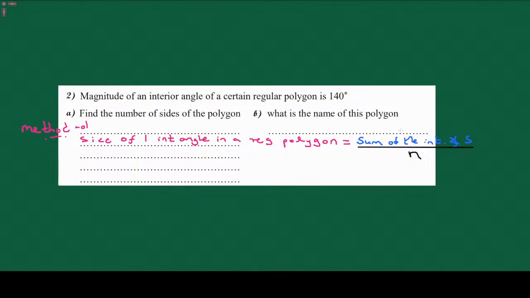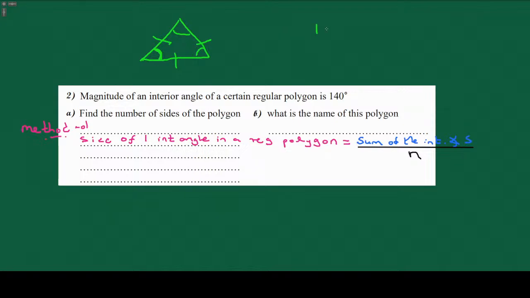Now for an example, when it comes to a triangle, an equilateral triangle is a special name we give to a regular triangle. We don't say regular triangle, instead we say equilateral triangle. So how to find the magnitude of one angle? What is the addition of all three angles? In a triangle, the addition of all three is 180.